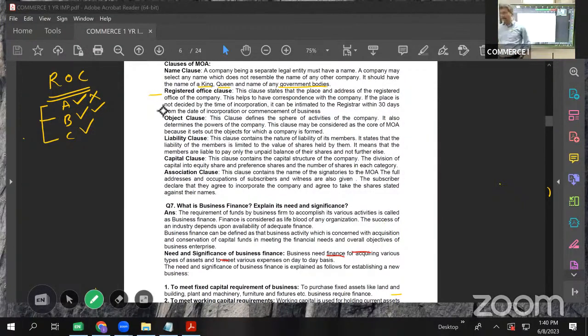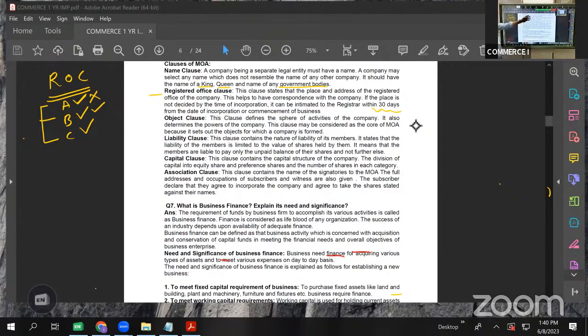You are drafting MOA, but still the place is not finalized. Then it is said that after getting the certificate of incorporation, within 30 days, we should submit the address of our registered office. We should give the address while drafting the MOA itself. But for some genuine reason, if you are not able to, then within 30 days, right?